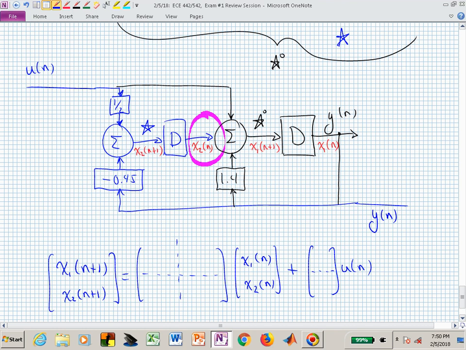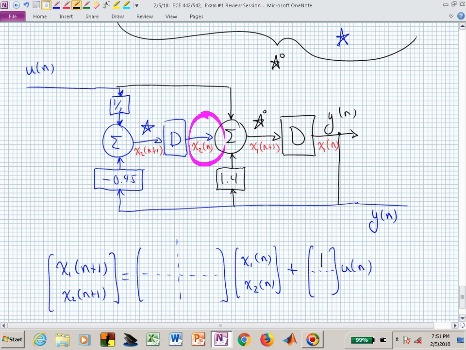Do you see that? Well, now I would just say, okay, let me look at all of the signals on that summing junction. X sub 1 of n plus 1 is the output. Everything else is presenting itself as an input. That has to be on the right-hand side. So I could just walk around counterclockwise. The top one is U of n, so that comes in with a 1 right here.